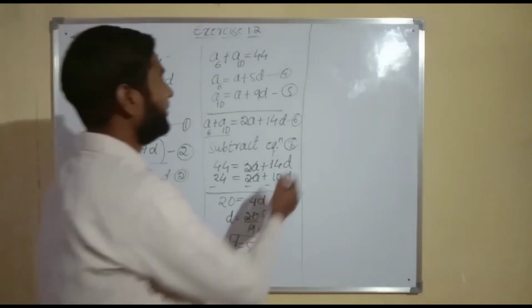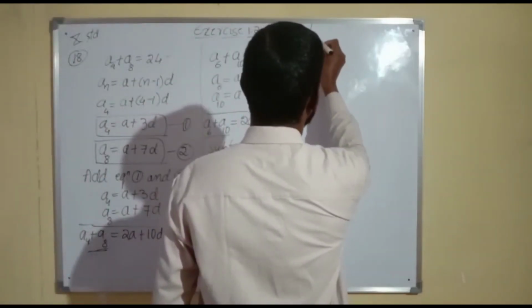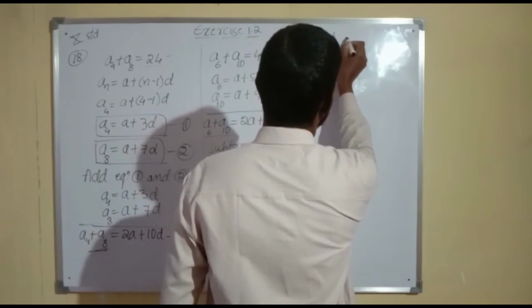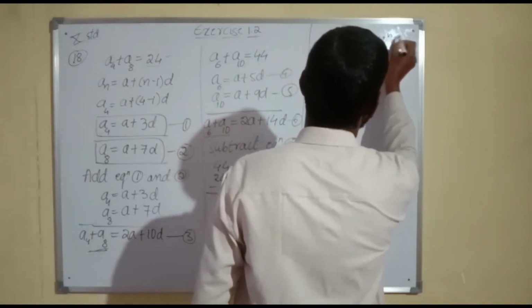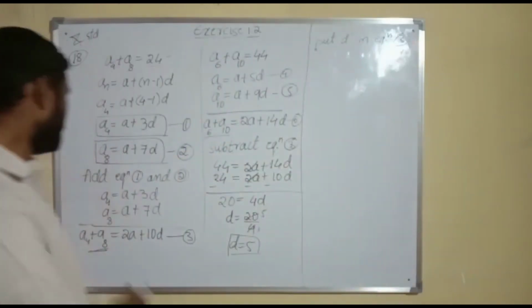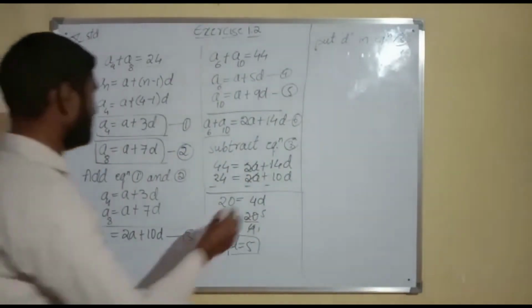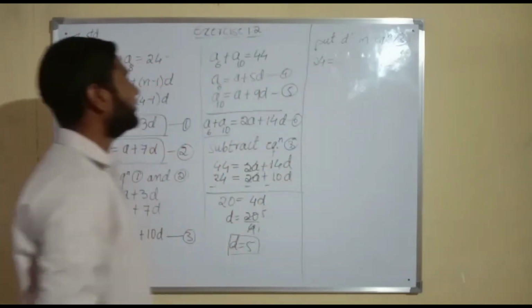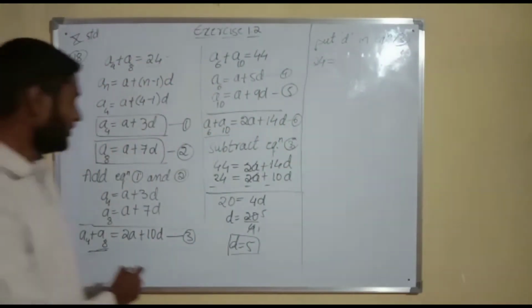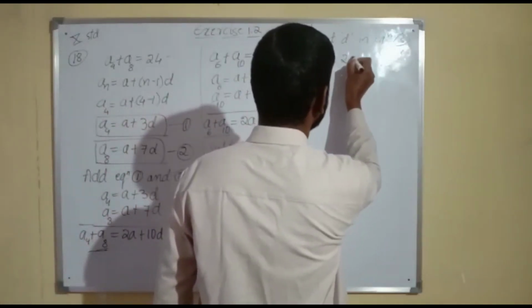Okay, putting the value of d in equation number 3. See, equation number 3: 24 is equal to 2a plus 10d.